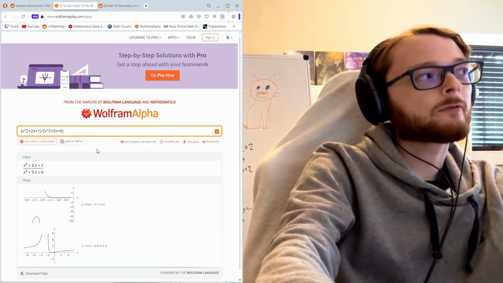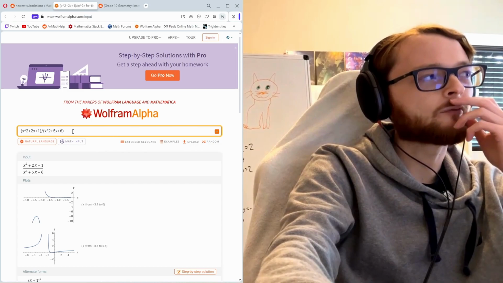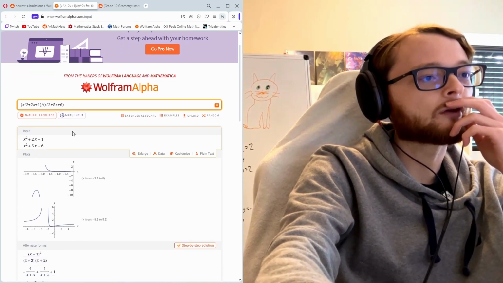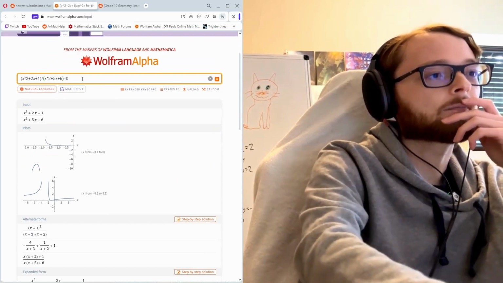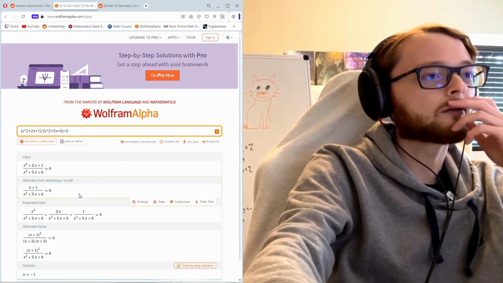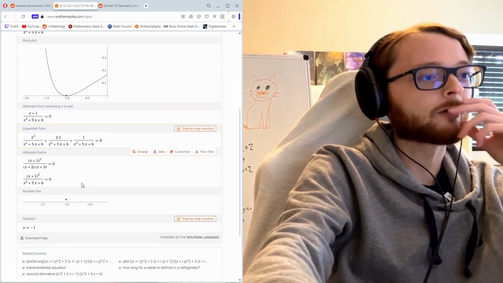The bottom's also factorable. So to be fair, we should check that that doesn't factor also to -1 and try and make things weird, but it doesn't in this case. And yeah, it does just barely touch -1. Okay, yeah, so I am right. Oh yeah, just scrapes by it. Okay.